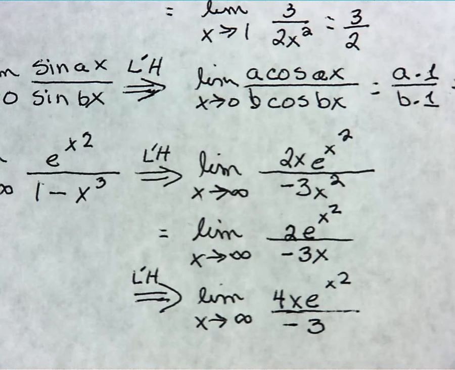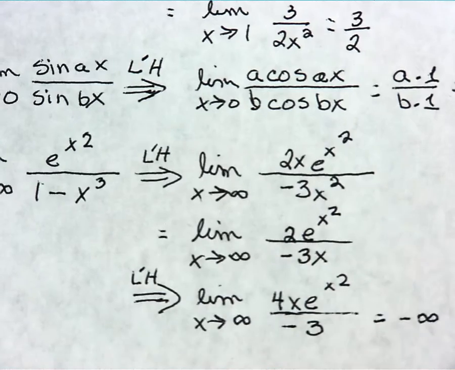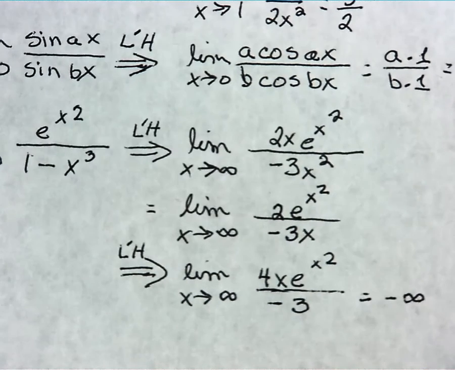Now I'm feeling very confident that if the numerator is going to infinity, and I'm dividing that by -3, what are my y's really doing? Yeah, infinitely small. That's why if you have an exponential function over any polynomial function, if you differentiate it long enough, it's going to get down to a constant, right?